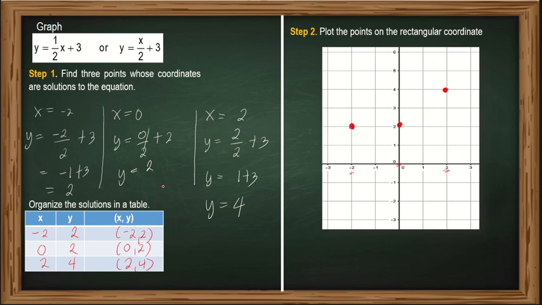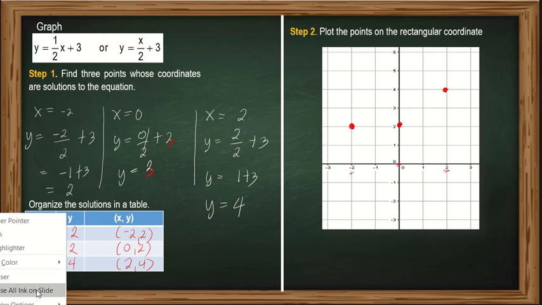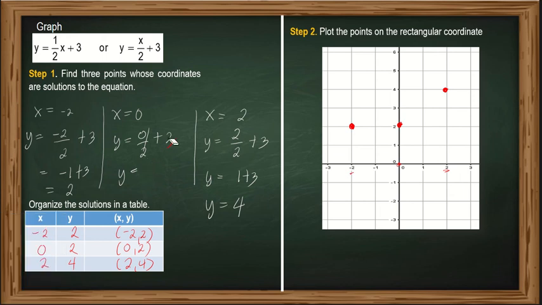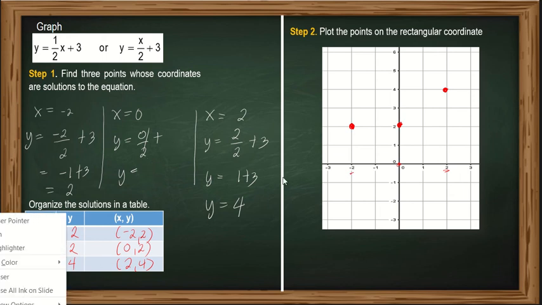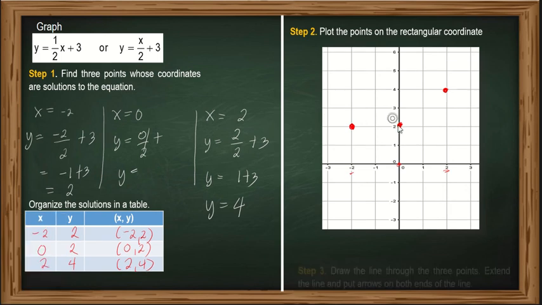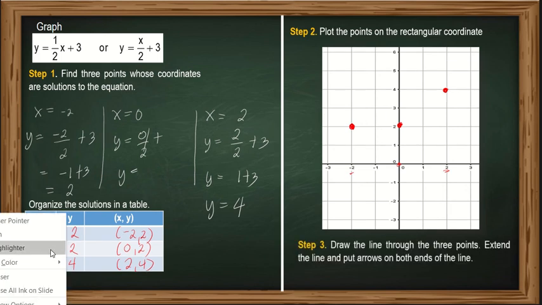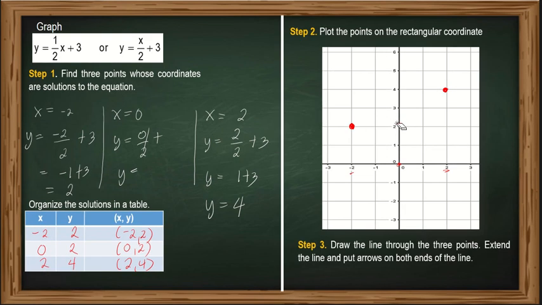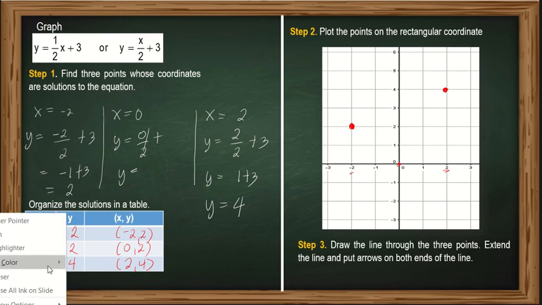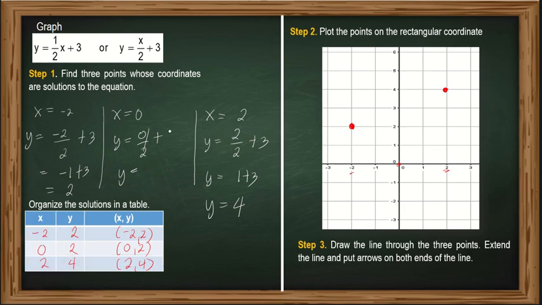Something is wrong here. This must be plus 3. Sorry for that. We can really check if our answer is wrong if the points will not be aligned. So let's erase this one. It's plus 3, so 0, 3.